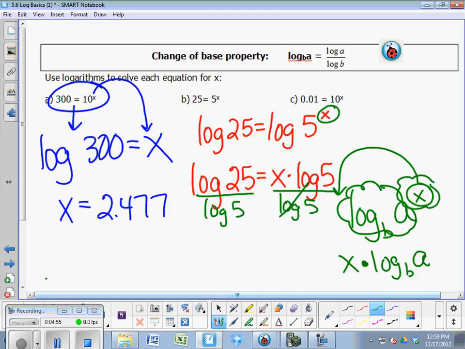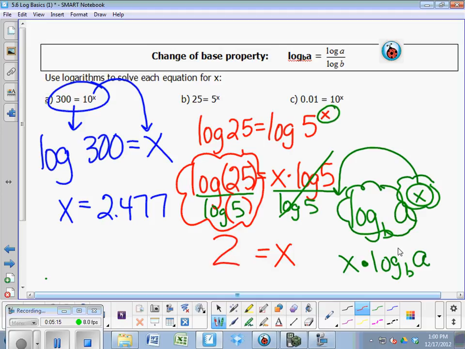These cancel. x equals, calculate this in your calculator, the log of 25 divided by the log of 5. There's your change of base property. Log of 25 divided by log 5 is 2, which was kind of obvious at the beginning, but I wanted to do an easy problem to start you off with that process.